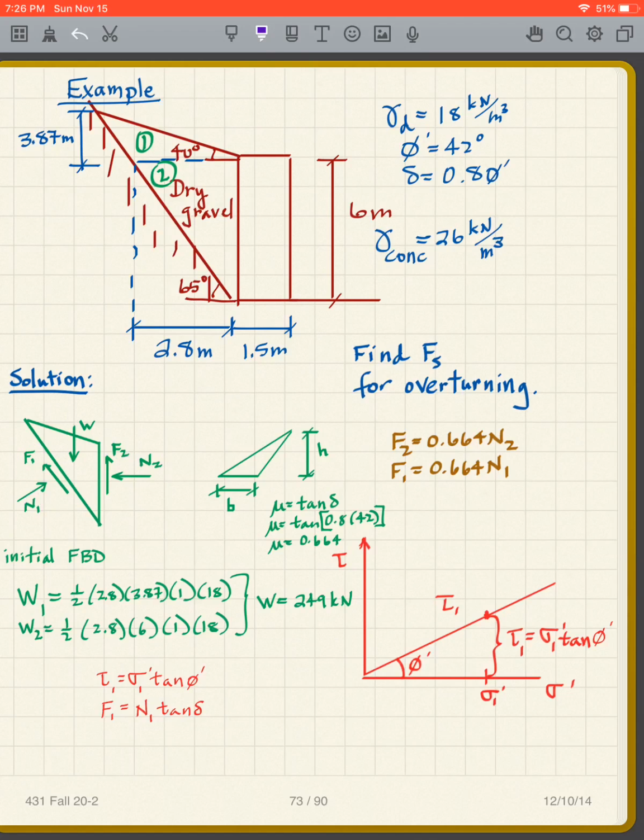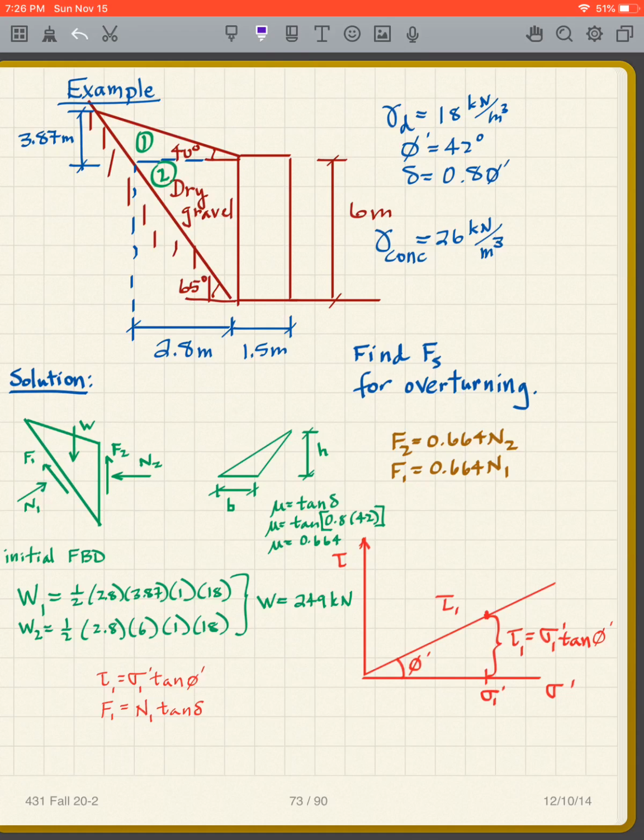The coefficient of friction times N2 gives me F2. Coefficient of friction times N1 gives me F1.